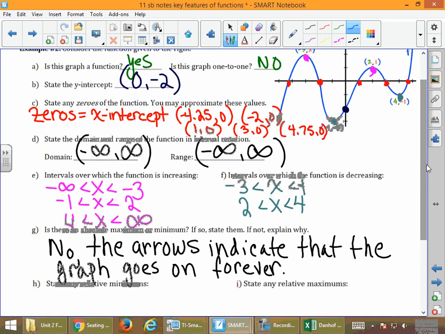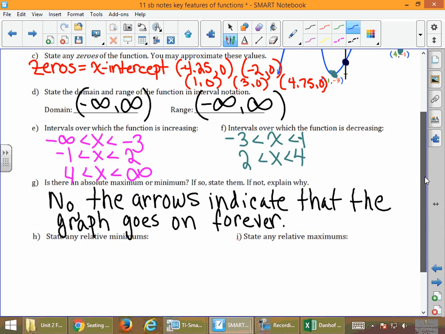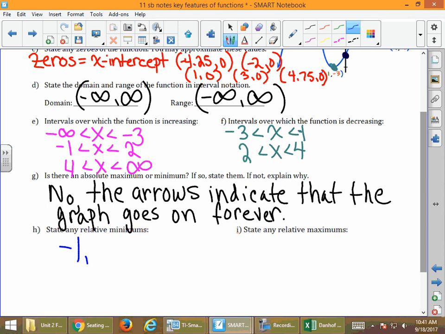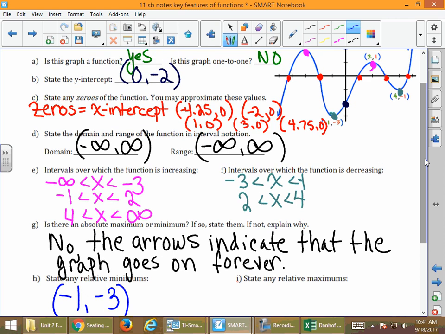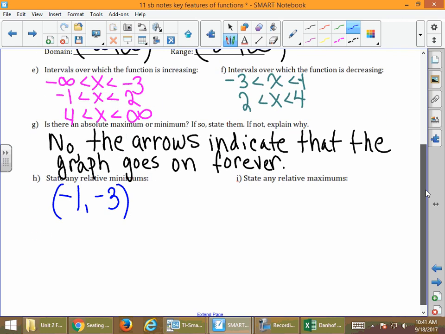But one of the relative minimums that I see is at -1, -3. It has the sea blue point on it. I'll mark it again in a different blue. There also happens to be yet another sea blue point that I'll change to a lighter blue at 4, -1.